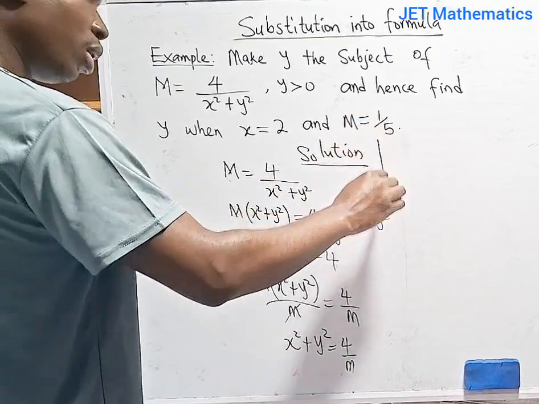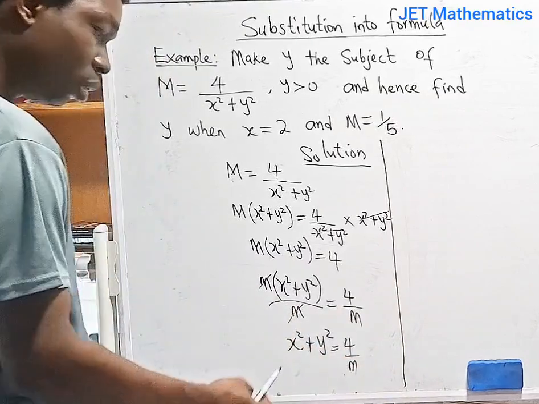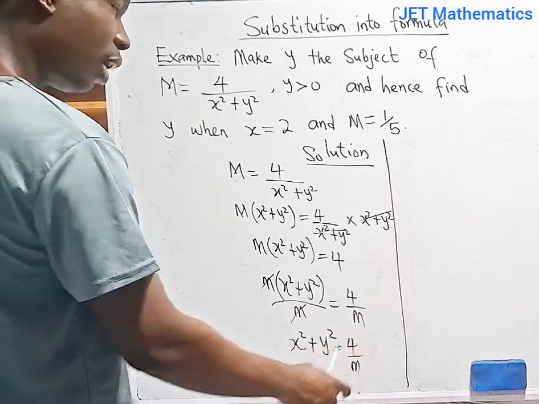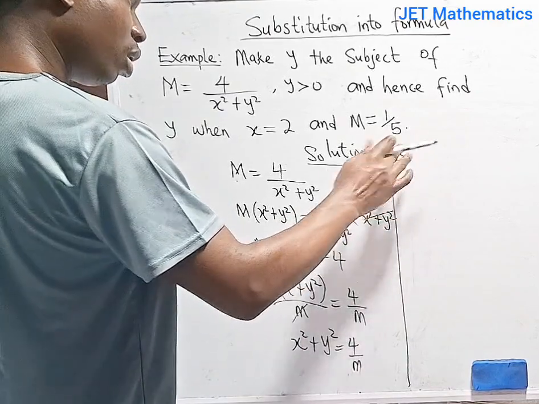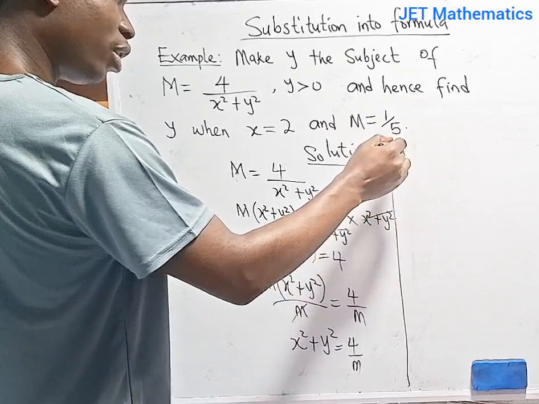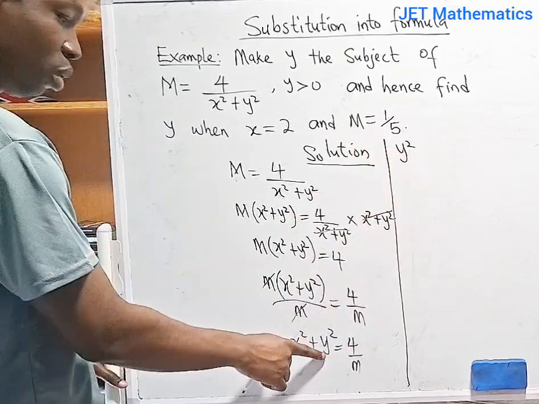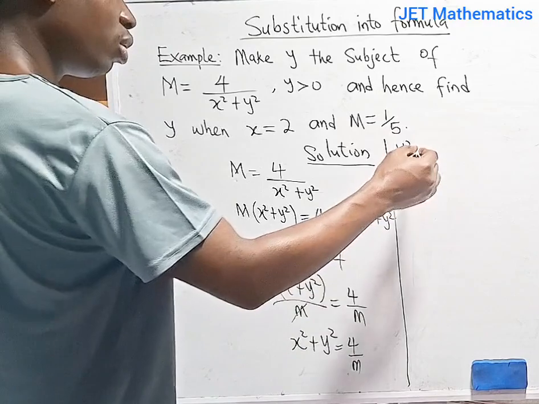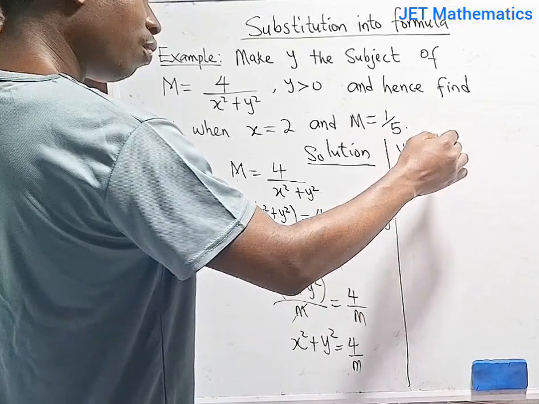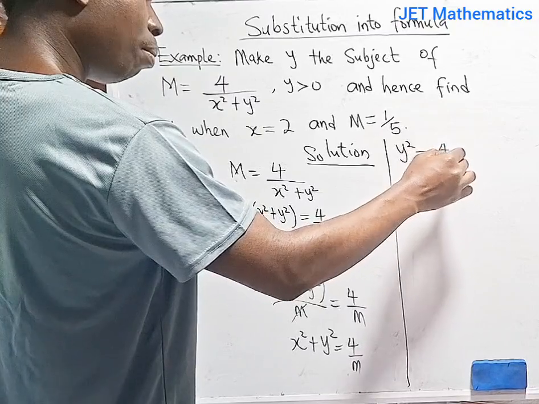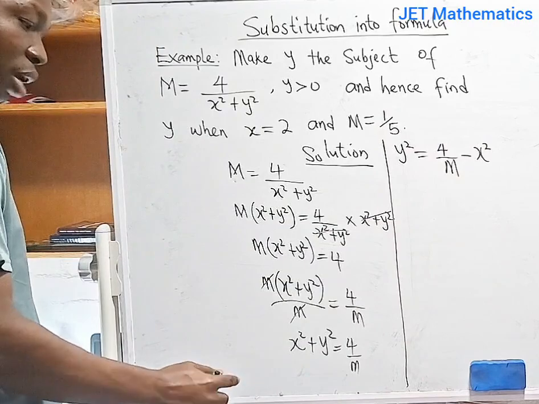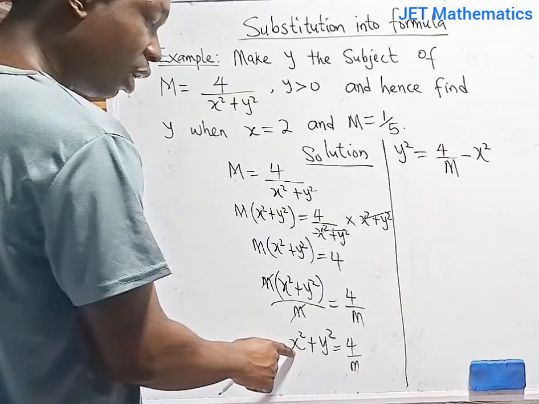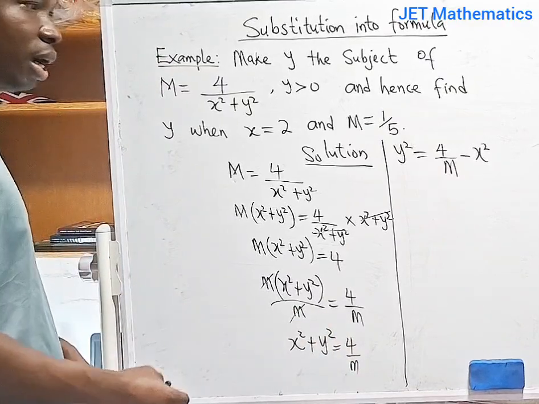So next we'll take s squared to this side so that we have y squared left on this side. s squared goes this way, it becomes 4 over m minus s squared. Or otherwise you can say subtract s squared from both sides.